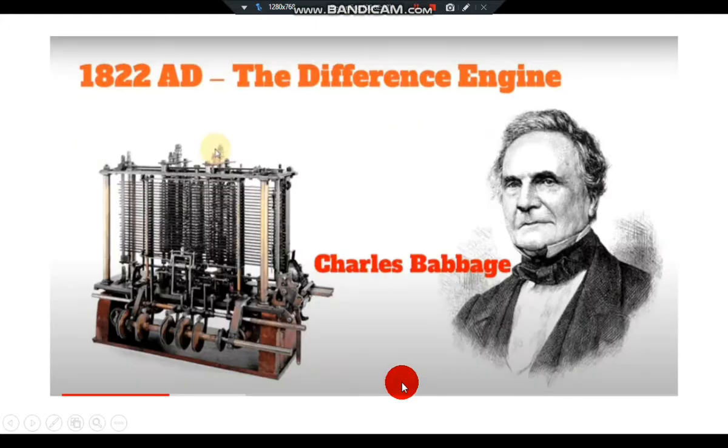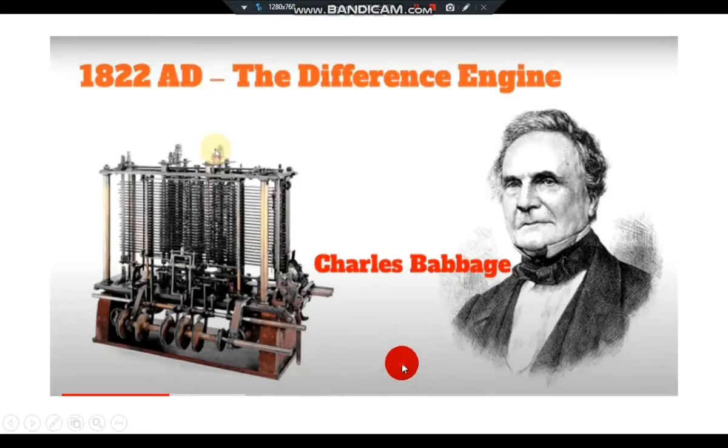After that, Charles Babbage, known as the father of computers, who did the computer invention, developed a calculating device named the difference engine in the year 1822 AD. This difference engine is the basis for today's computer.